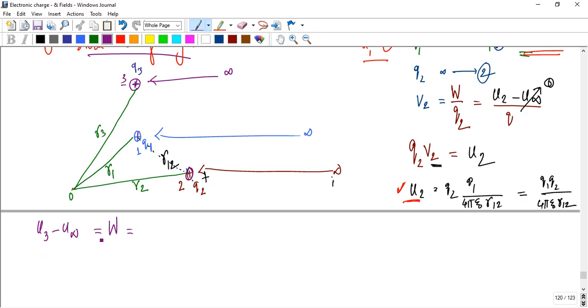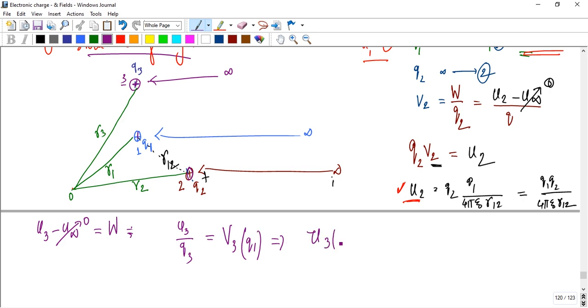If I divide U3, we know that potential at infinity is 0, by Q3, we get the potential at 3, V3 due to Q1, which is equal to U3.